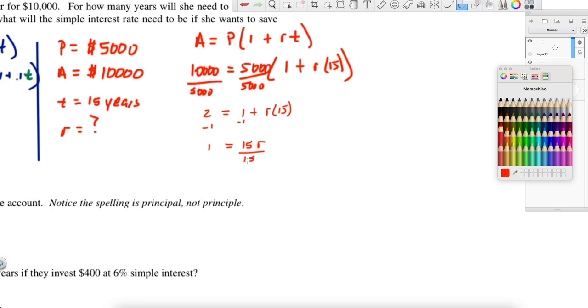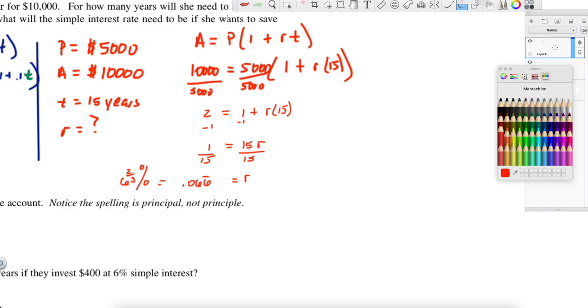And then we divide by 15. And r is 1 divided by 15. It's 0.066 repeating. Another way we can write that is 6 2/3%.